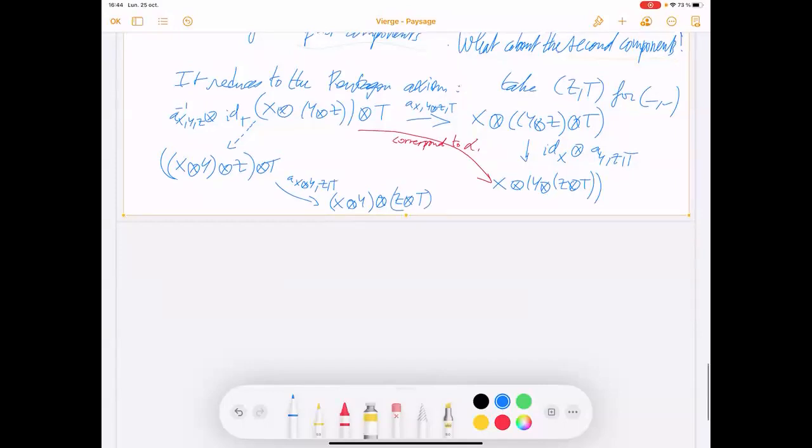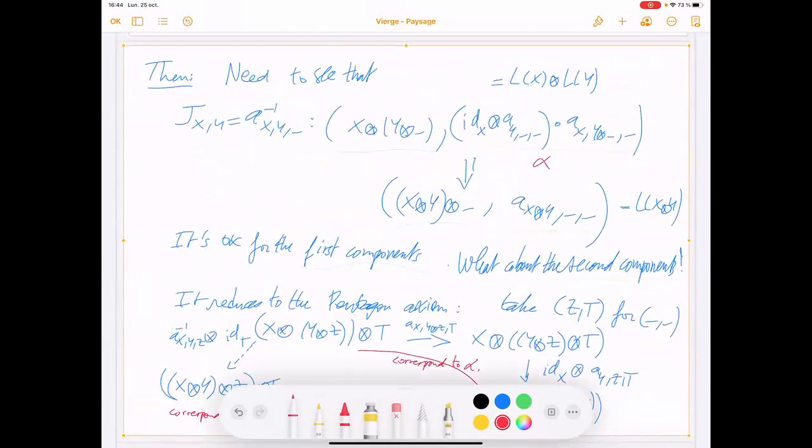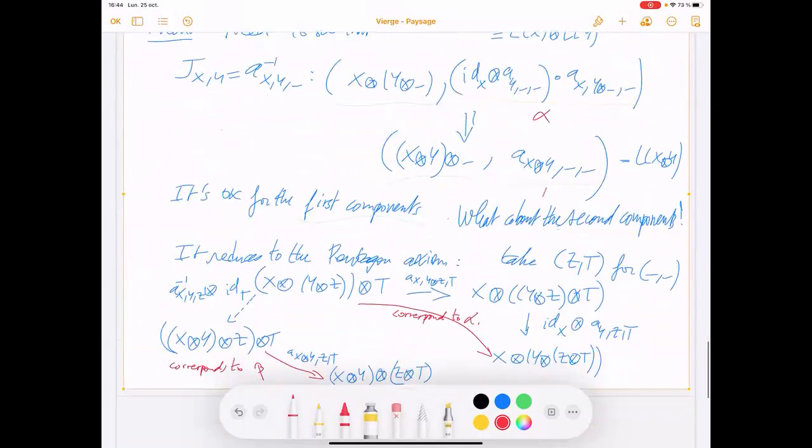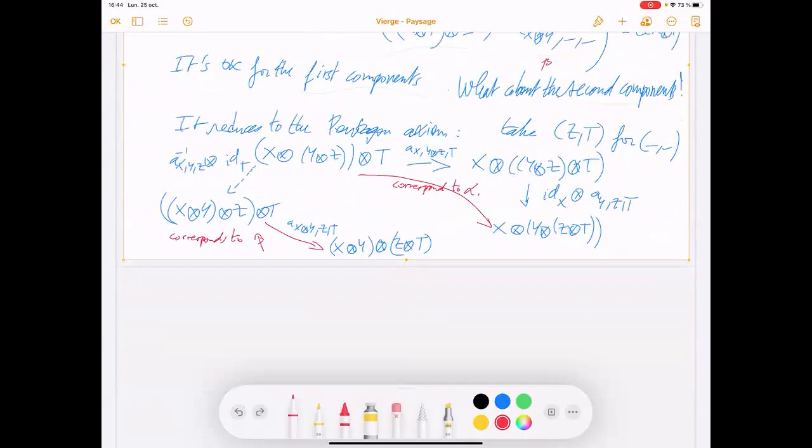And this map corresponds to beta, and beta is here, this one. You have the associativity constraint X, Y, something here. This is exactly that here, where something is ZT.